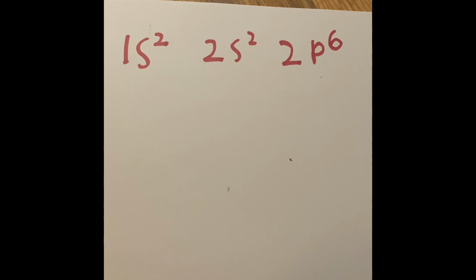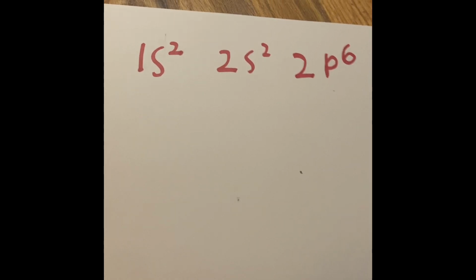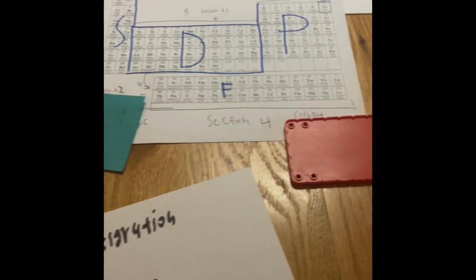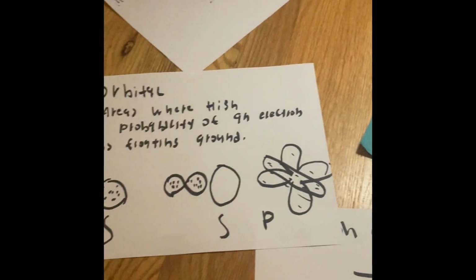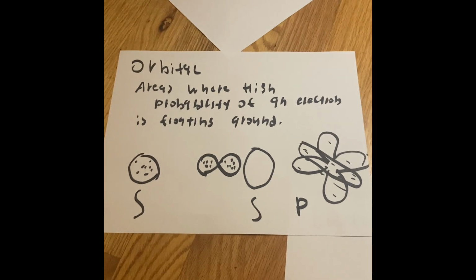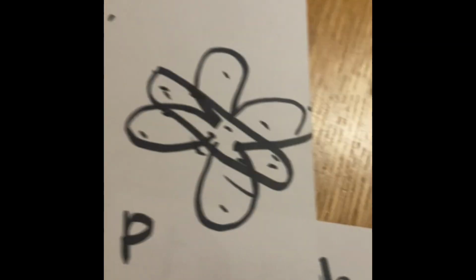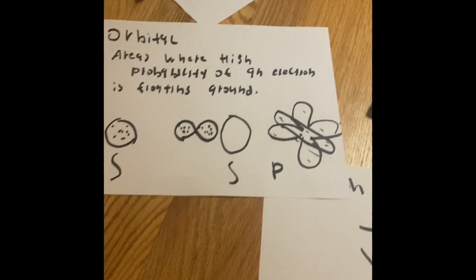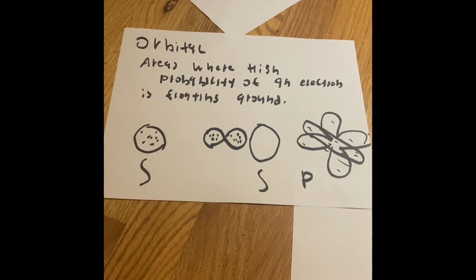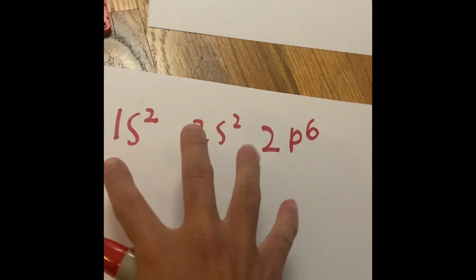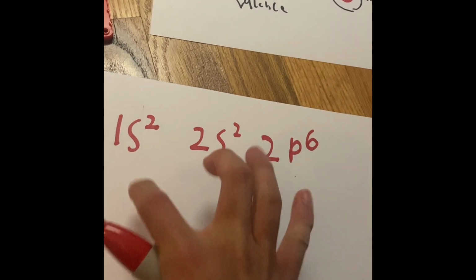So here's what happens. Remember when we were talking about the different shells, when we were learning about orbitals? Areas where the probability of an electron actually being located, where they're floating around, like maybe here, here, and maybe here. The thing is, we're going to understand that these S, P, D, F are actually going to be these three numbers right over here.